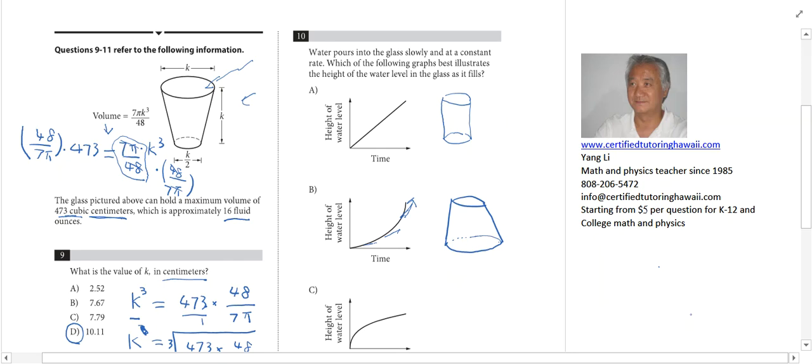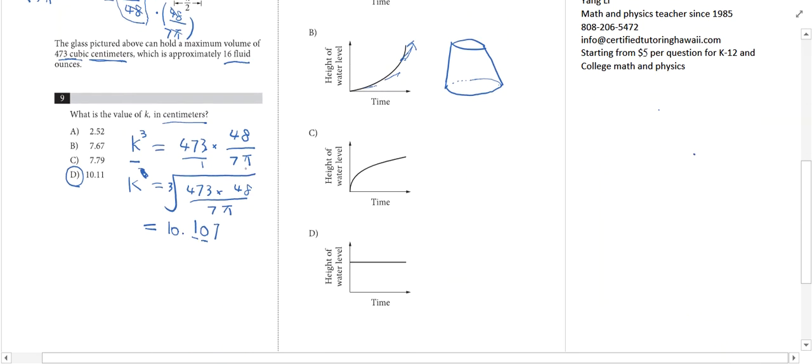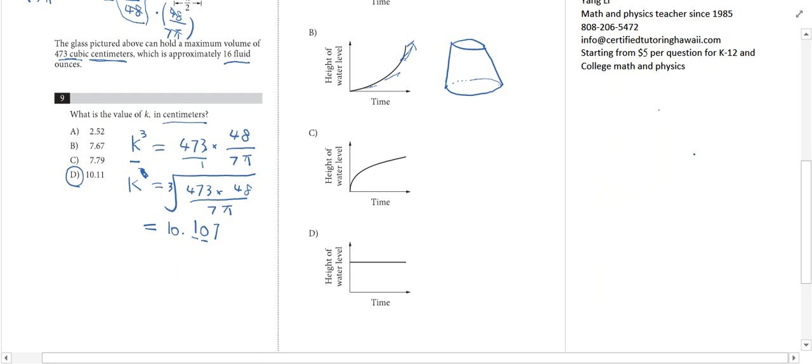Now let's look at the third one, the choice of the C. Okay, look at the C here. At the beginning, what is it? Increasing at a faster rate, because the tangent line is steeper. And later on getting flatter and even flatter, right?